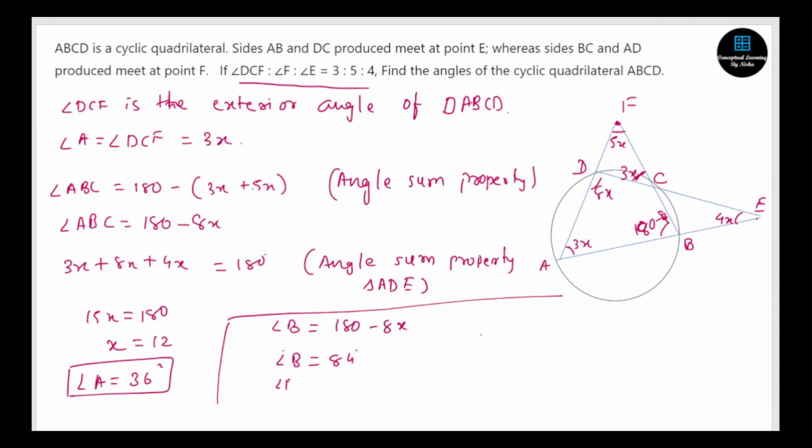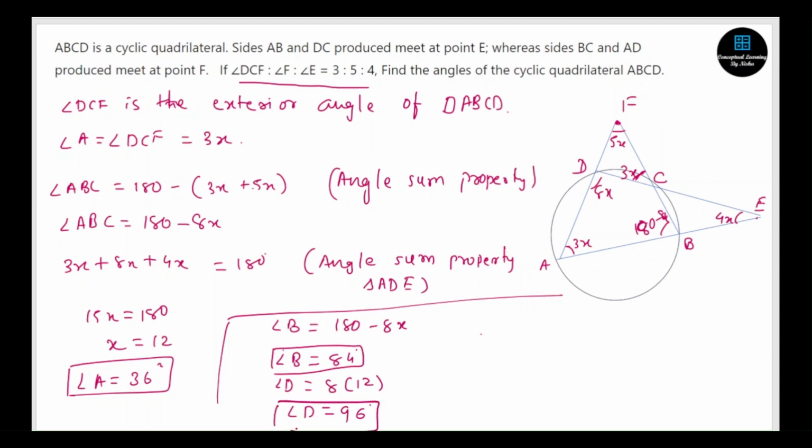Angle D equals 8 times 12, so angle D equals 96. See, we got three angles. And now the fourth angle, angle C, equals 180 minus 36, so angle C equals 144 degrees. So we found all the angles of the cyclic quadrilateral ABCD.